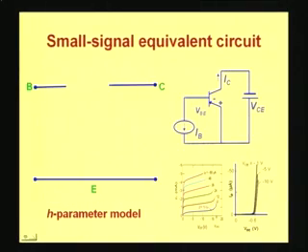So this particular model is directly derived from the DC common emitter characteristics, which are shown here, the output and the input characteristics which we considered just now. So from these characteristics you can derive the small signal equivalent circuit.